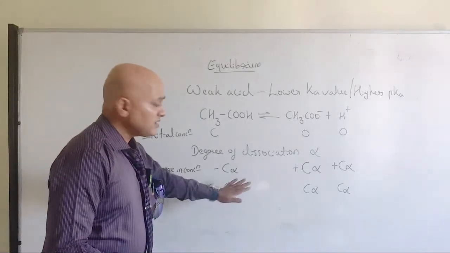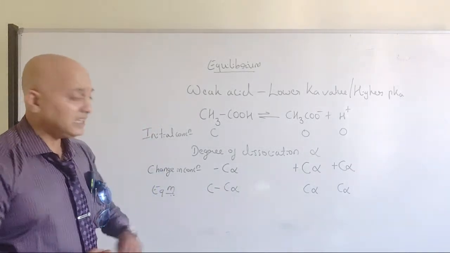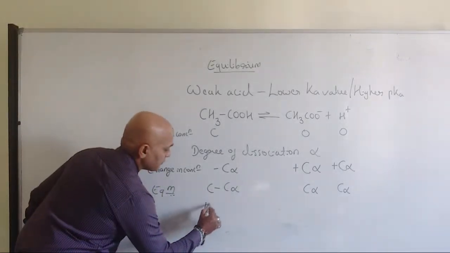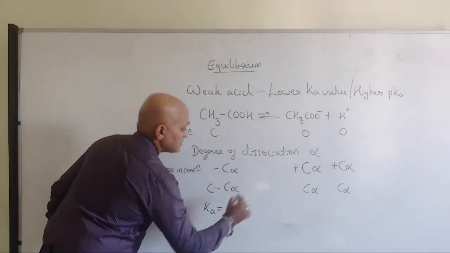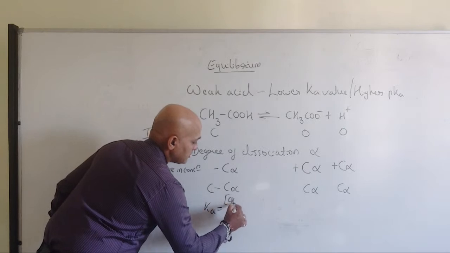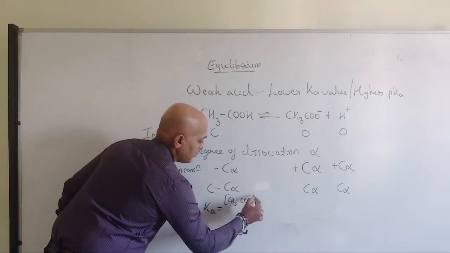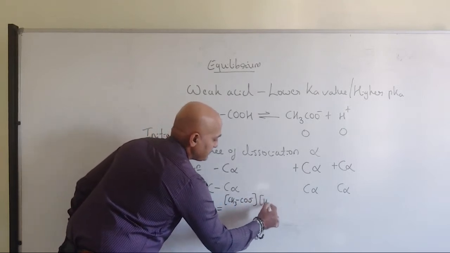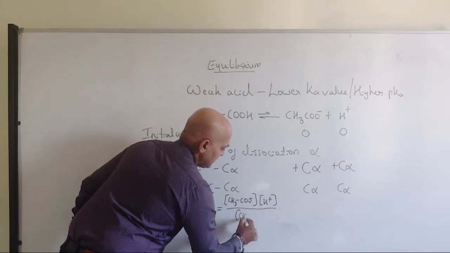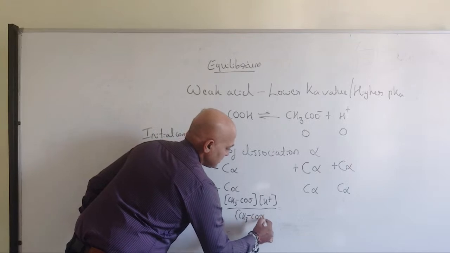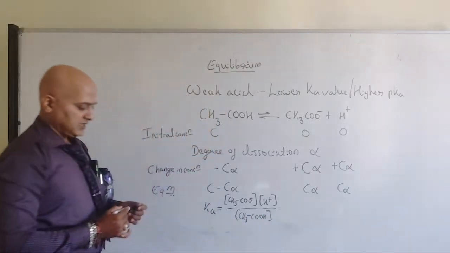Now based on this, if I want to have the Ka value, I have to talk about the CH3COO minus concentration, then the H plus concentration, then the CH3COOH concentration.